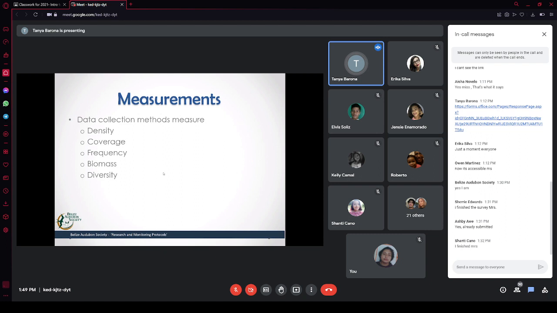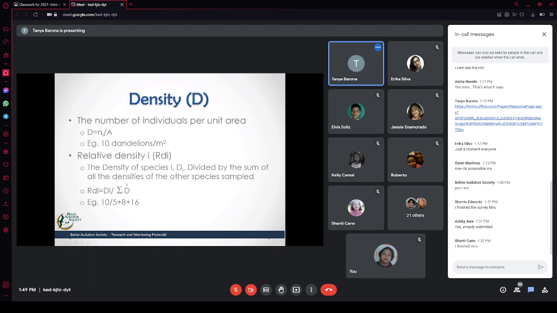This provides information. All methods essentially can provide you information on density, coverage, frequency, biomass, and diversity. When looking at density, essentially what you're doing is determining how many individuals you record in a specified area.